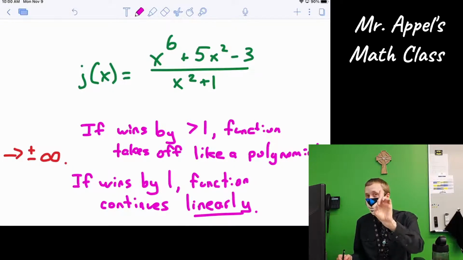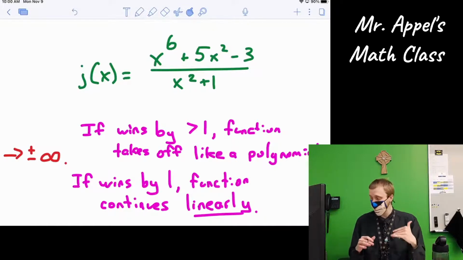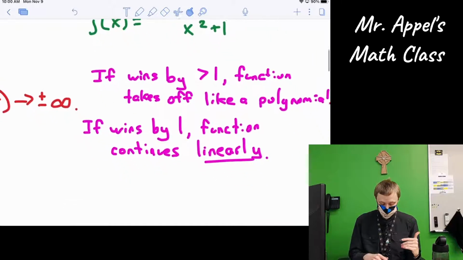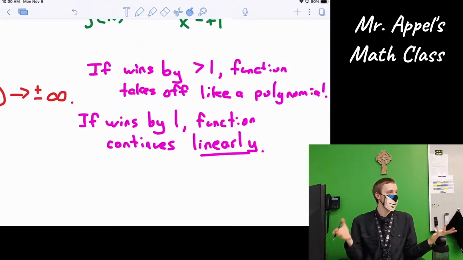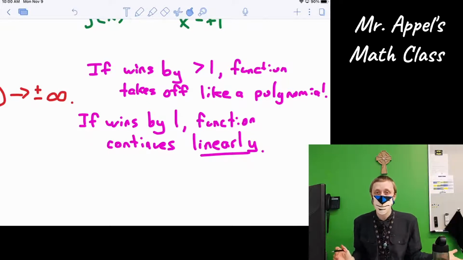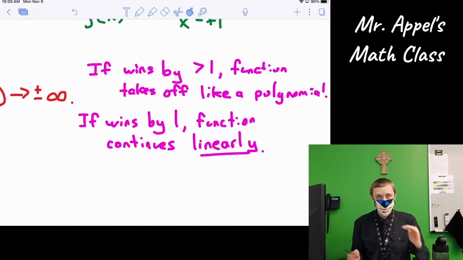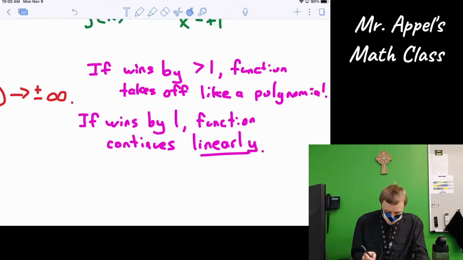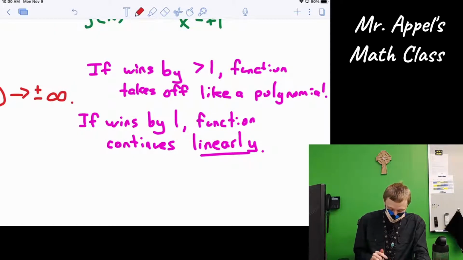Exactly 1 power over. Okay? So when you reduce them, if there's only one power of x left in the top, well, then it's going to look exactly like a single power of x looks like. That is to say, a line, a flat, straight line that's not horizontal. And this is the slant asymptote.